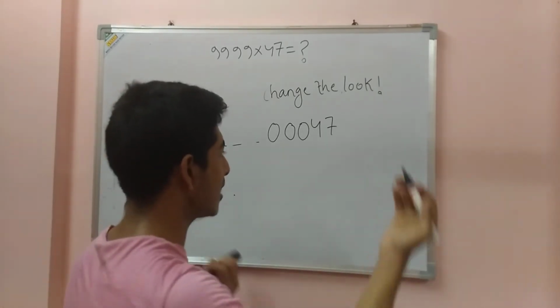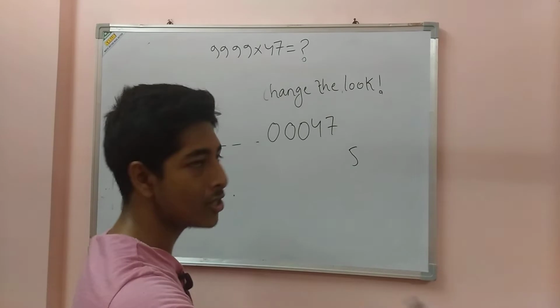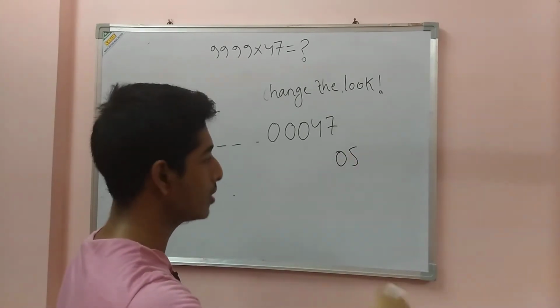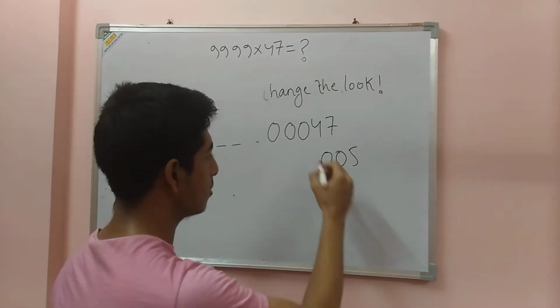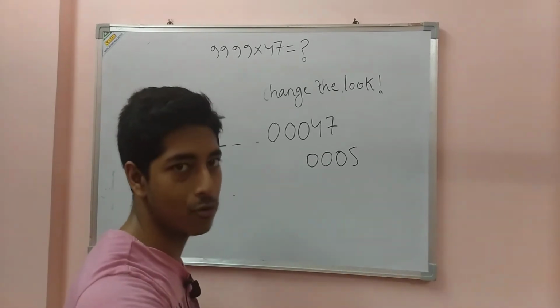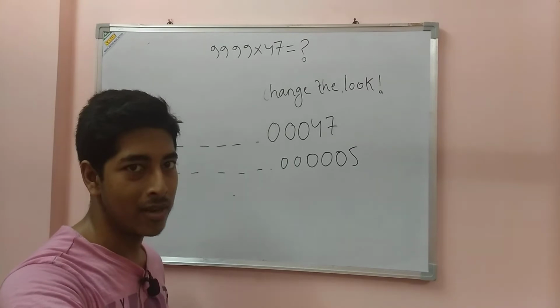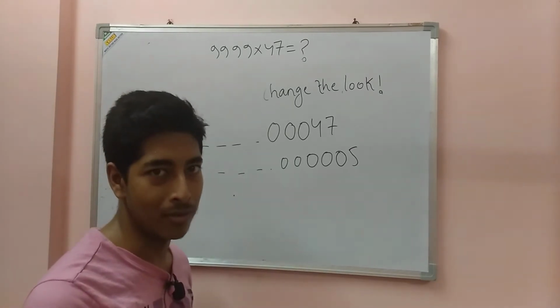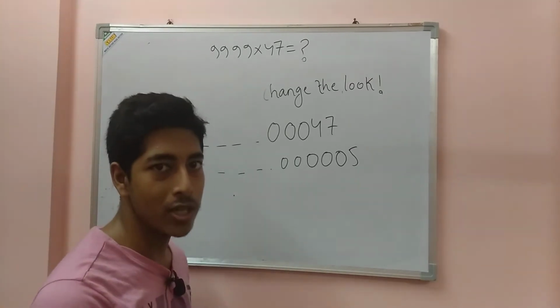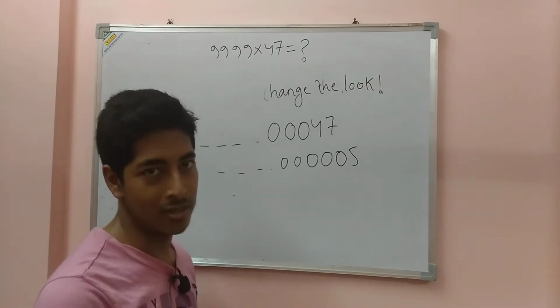The same goes for 5, a single digit. If we have a 0 here, we get a 2-digit number, double 0, 3-digit, 3 zeros makes it 4-digit, and it goes on and on to infinity. So this is changing the look of a number. We are not changing the value, we are just changing the number of digits in the number.